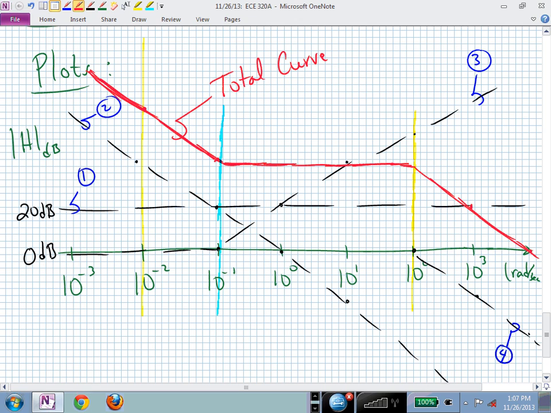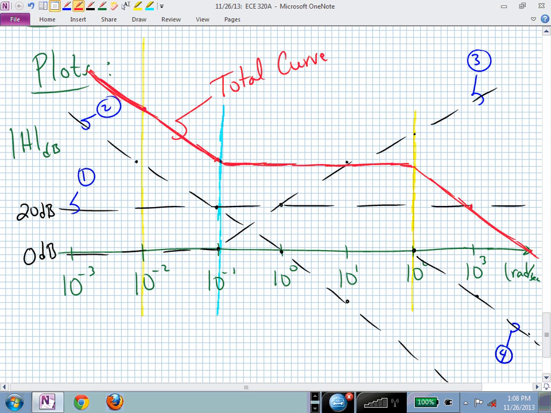What's the slope there? It's minus 20 dB per decade. I could ask you, what's the magnitude at 1 radian per second? What's the magnitude in dB from your straight line approximation? And you would say 40 dB. See how I could ask a large number of questions just from one plot?